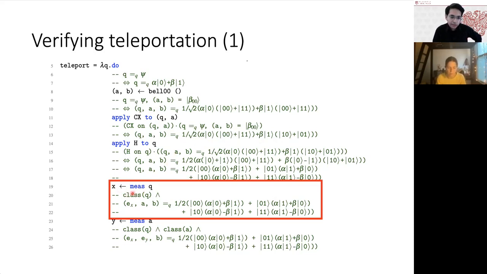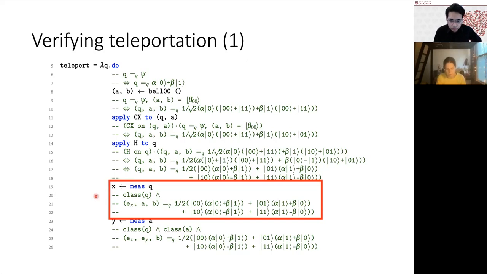So let's look at the next interesting thing here, which is measurement. As we saw, the rule for measurement involves replacing the qubit that is being measured with the entangled ghost variable. So here it's called EX, and also assigning a class predicate on the given qubit Q. And there's a reason why we use this EX sub X notation, because we said this EX is going to carry the outcome distribution of the measured qubit, so we will be able to use it to tie it with what X was after measurement.